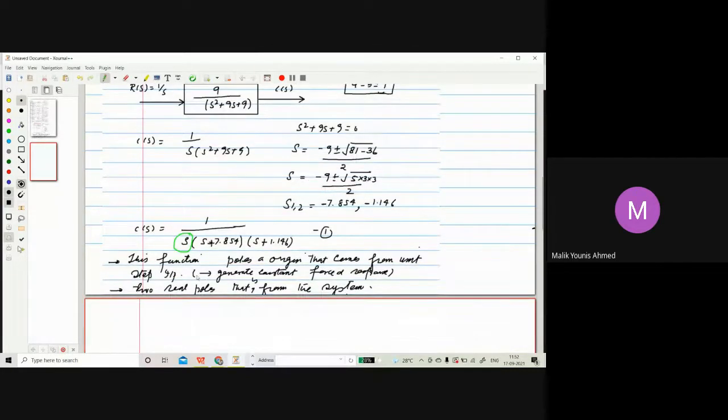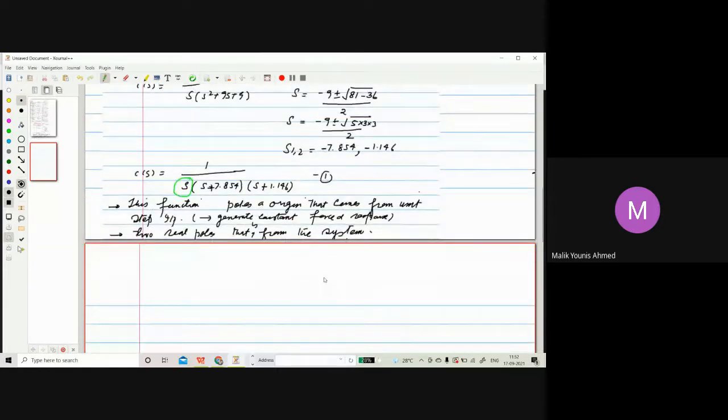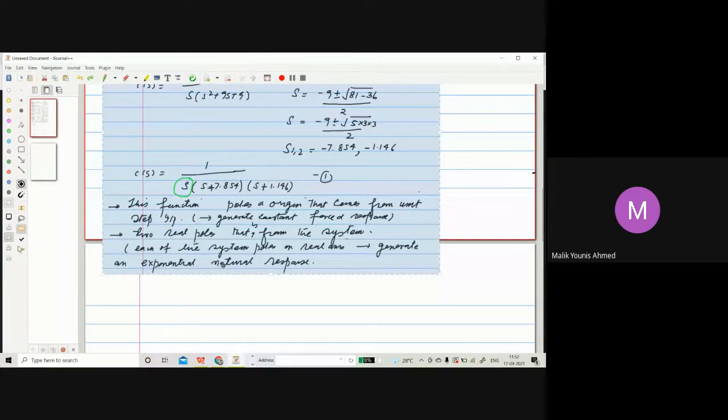So this function had a pole at the origin that will come from the unit step, and then we had the two real poles that will come from the system, that you know already. I have talked that the input pole at the origin will generate what?